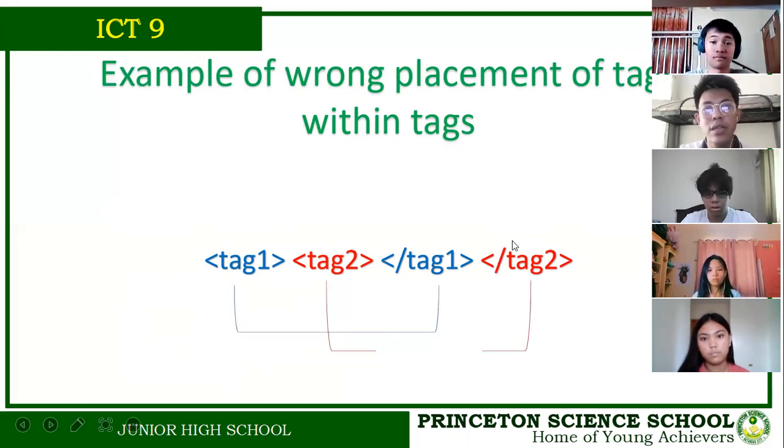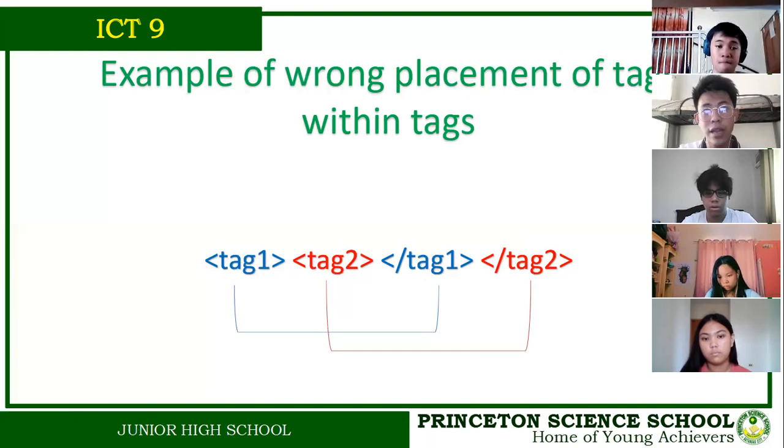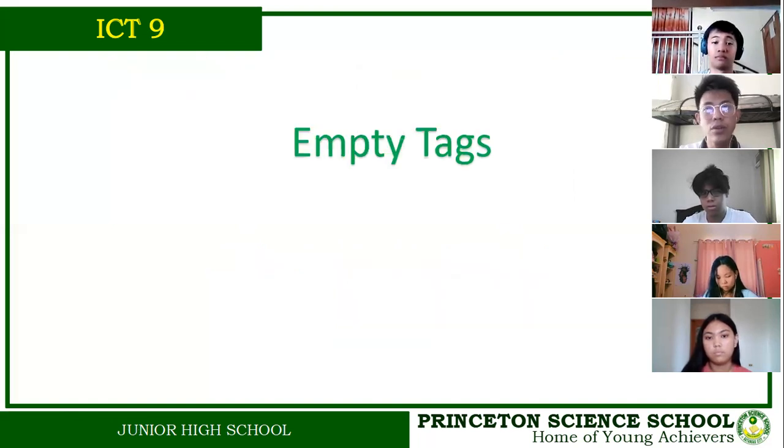They are not enclosing something here properly. See that? There's no particular tag or content which is being enclosed. So do not follow this example. Okay, that is a wrong way to place your tags.